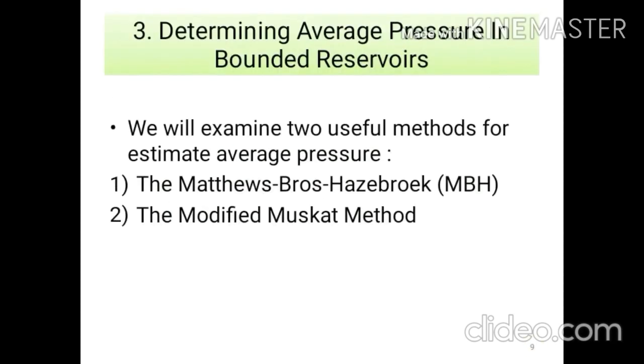Third point is determining average pressure in a bounded reservoir. Here we will examine two useful methods: first, Matthews-Brons-Hazebroek, and second, the modified Muskat method. Here we understand the MBH p-star method, meaning the Matthews-Brons-Hazebroek method.